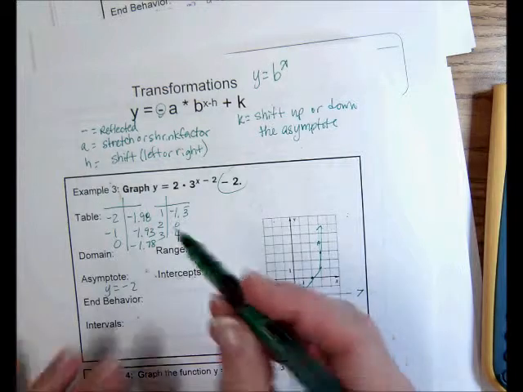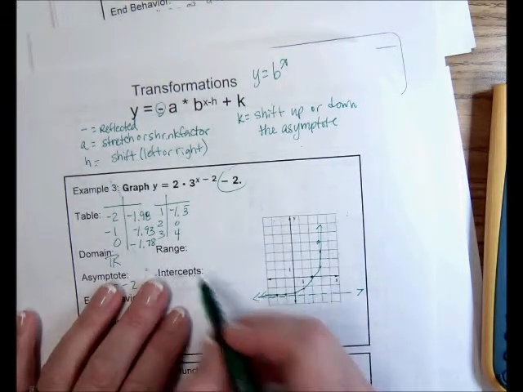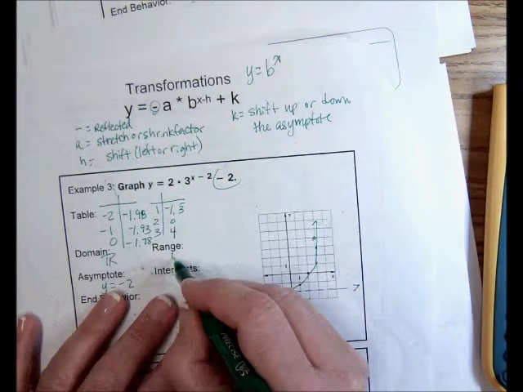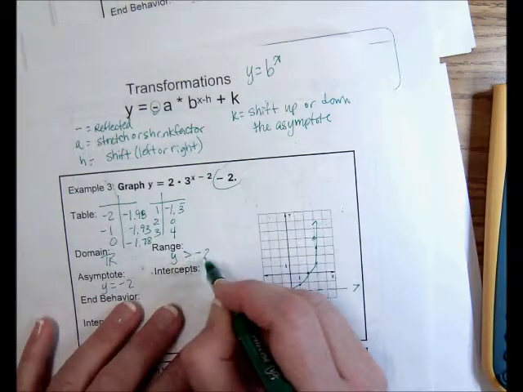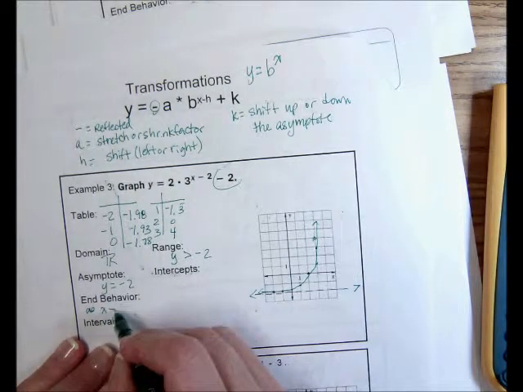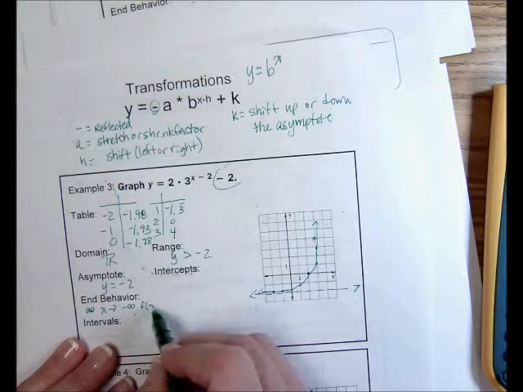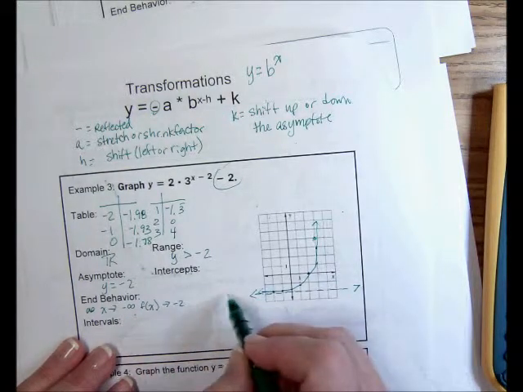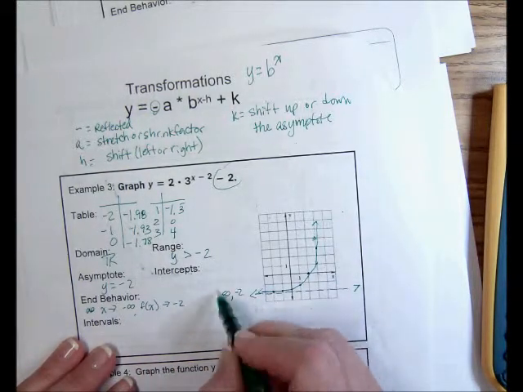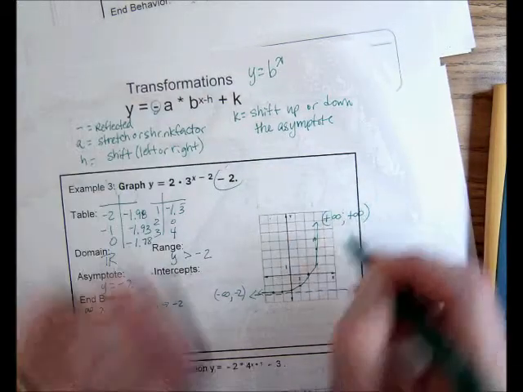So we have domain, again, we have a graph for all x values. In range, we have a graph here, y is greater than -2. End behavior, as x approaches negative infinity, f of x is approaching -2, because I have negative infinity, -2 over here, positive infinity up here.